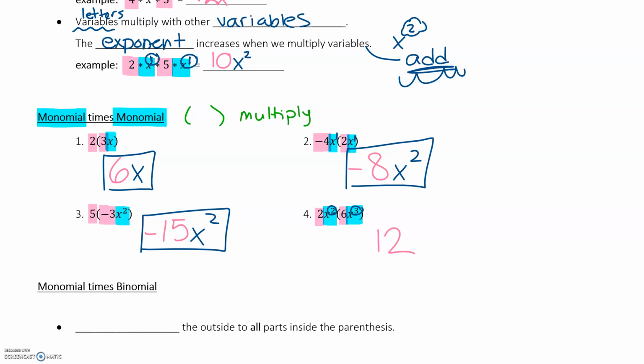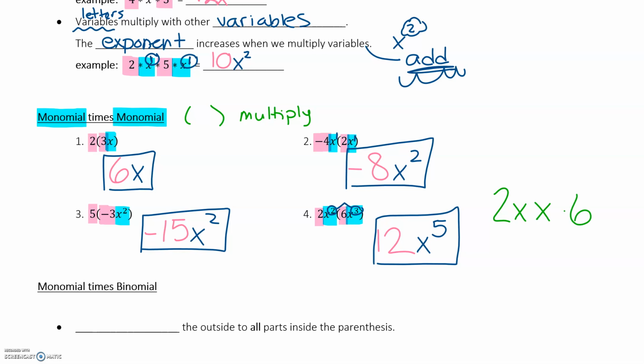Because those x's are both x's, we're going to add these exponents together. So 2 plus 3 gives us 5. Okay? If that's kind of weird to think about, look at this. I have a 2, and x squared means I have 2 x's being multiplied together.